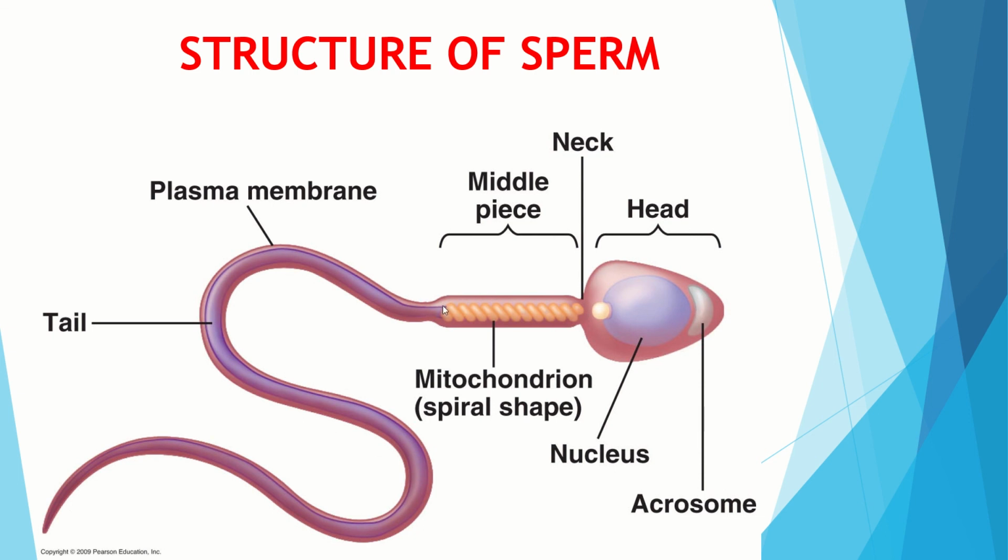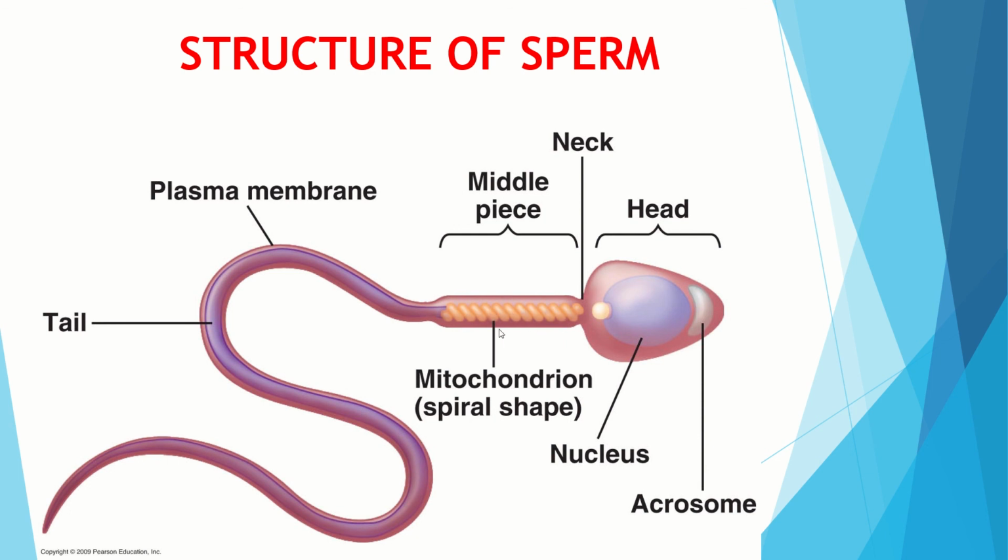When we take a cut section of that axial filament, we can find the 9+2 filament arrangement. It starts from the distal centriole only. Then in the middle piece we can find the mitochondria, which are spiral in shape. You can see this one. The spirally coiled mitochondria are located in the middle piece.